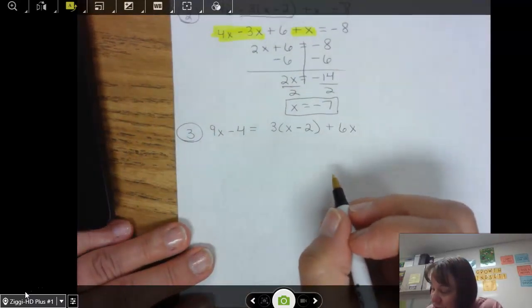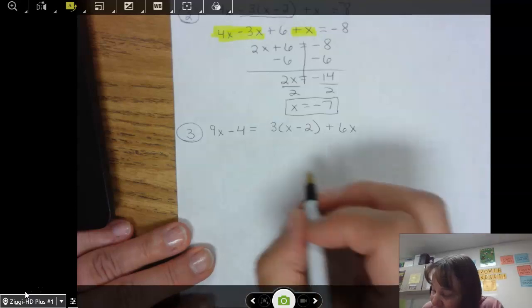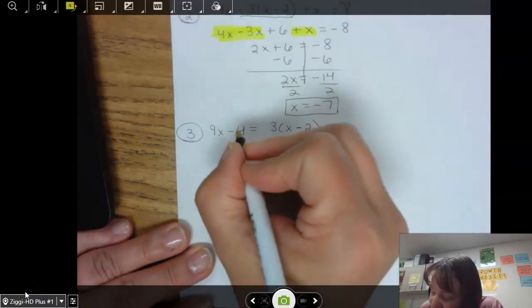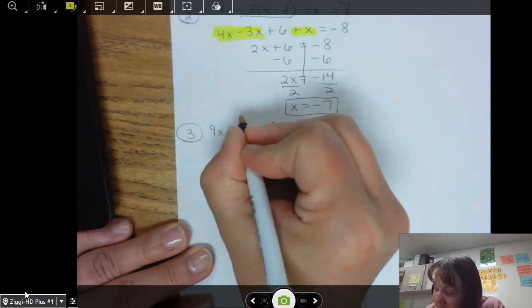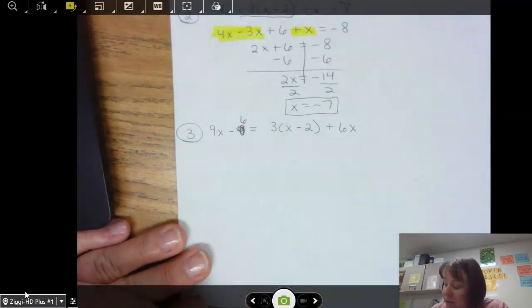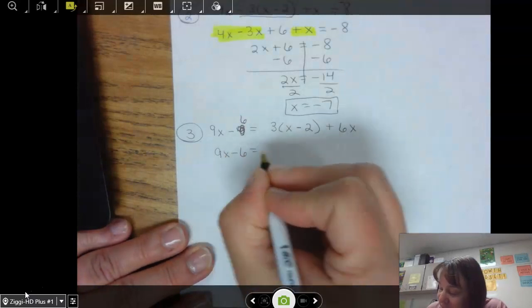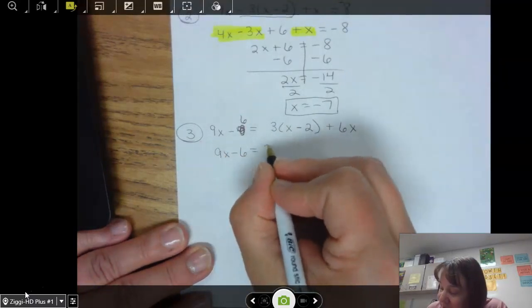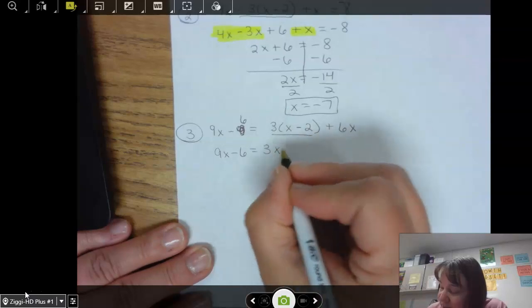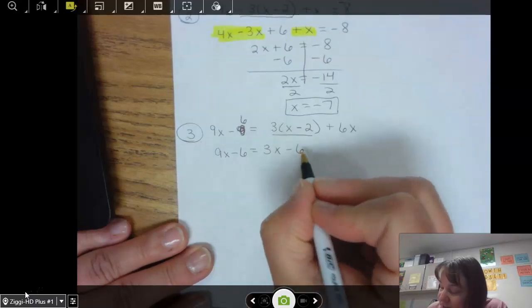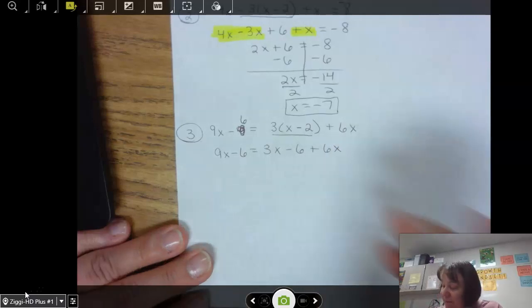I'm going to change this just a little bit and make this 9x minus 6, okay? So now when I bring this down, this will be the same. 9x minus 6 equals 3 times x is 3x, 3 times negative 2 is negative 6, plus 6x.